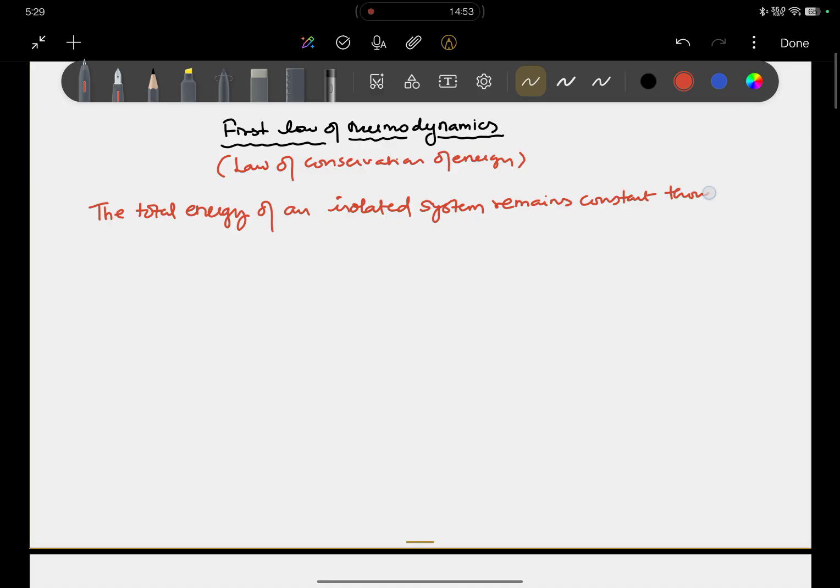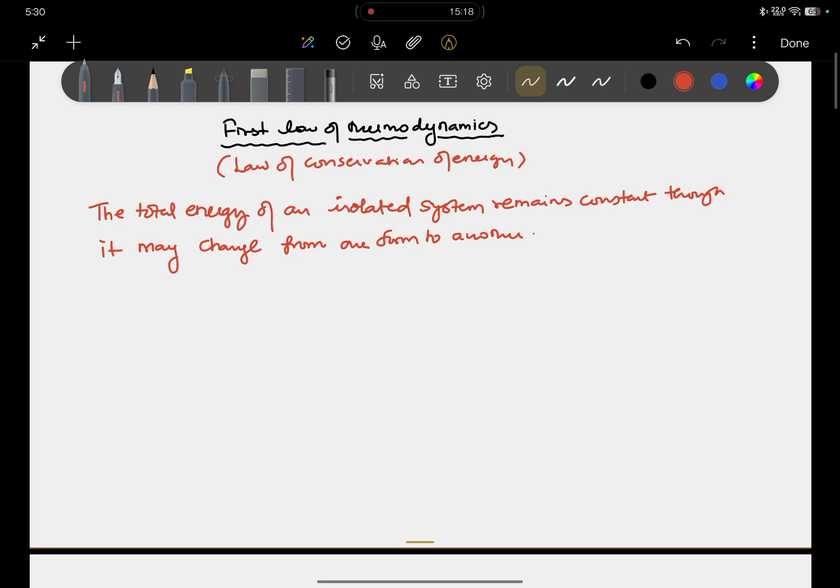Though it may change from one form to another. It also says that energy can neither be created nor destroyed.